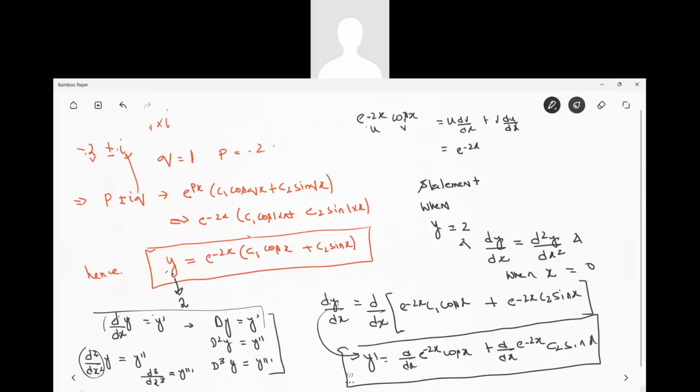This v is cos x. Differentiation of cos x is minus sin x, so dv by dx would be minus sin x. Then again v you put, that is your cos x. Then differentiation of e power minus 2x: the minus 2 comes down, minus 2, and it will remain as e power minus 2x.